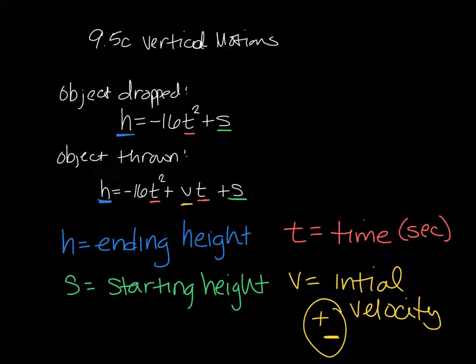All right, let's go ahead and try an example. Make sure all this is in your notes before you go forward. The example is, you're jumping off a 15-foot diving board with an initial upward speed of 3 feet per second. How long will it take you to hit the water? We have variables to fill in: H, S, T, and V. So let's say it again.